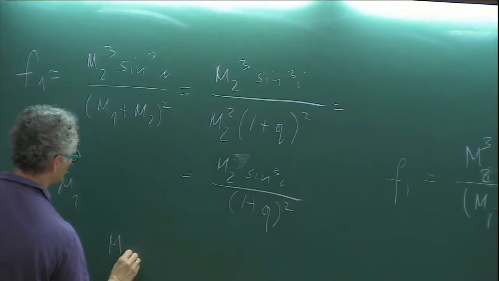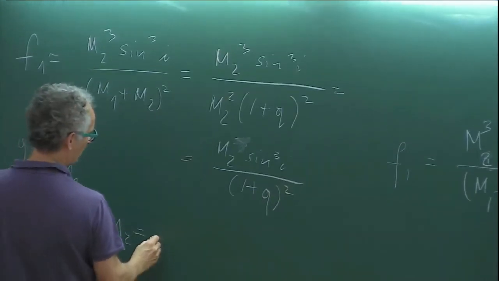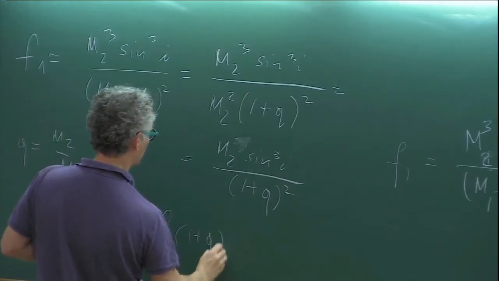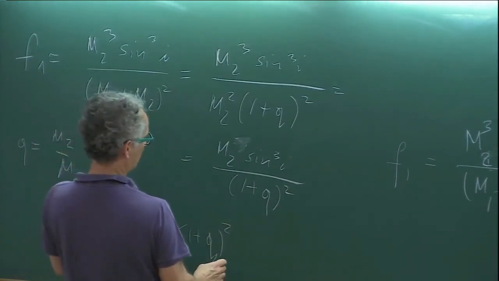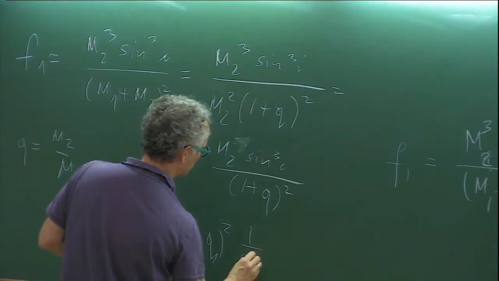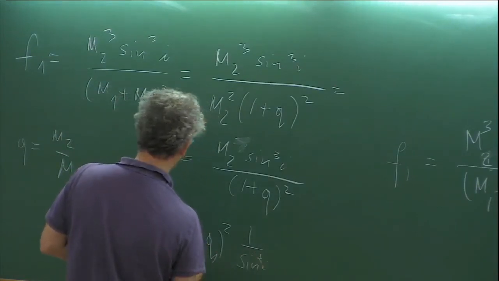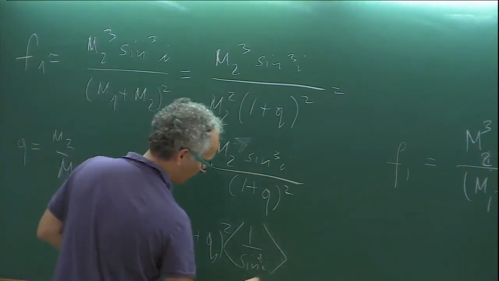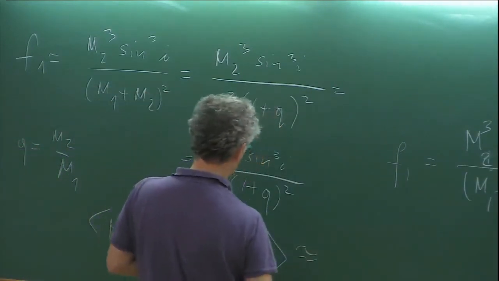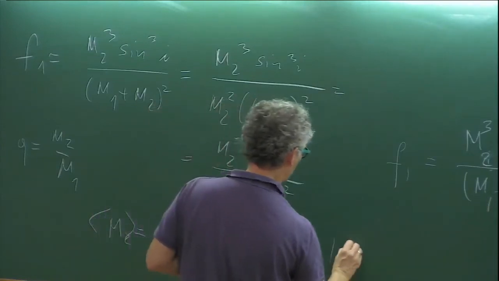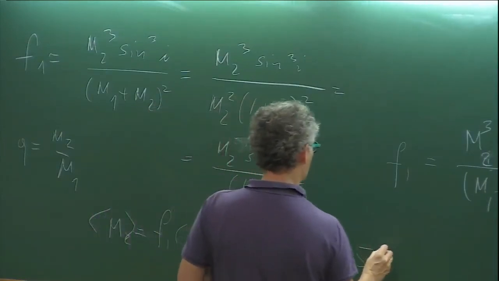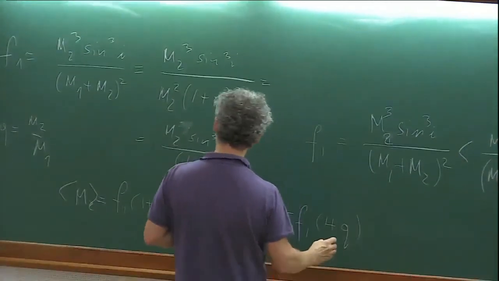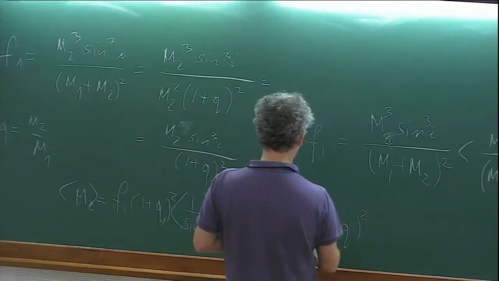So M2 would be F1 (1 + Q)^2 times 1 over sin I to the third, and the average value, if we average this, comes up to be about 1.25 F1 (1 + Q)^2.